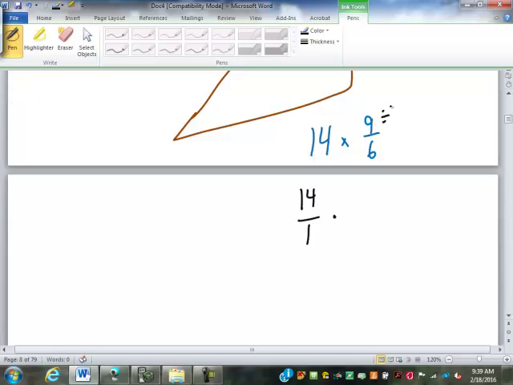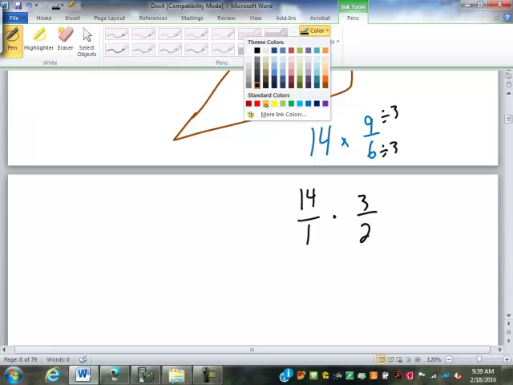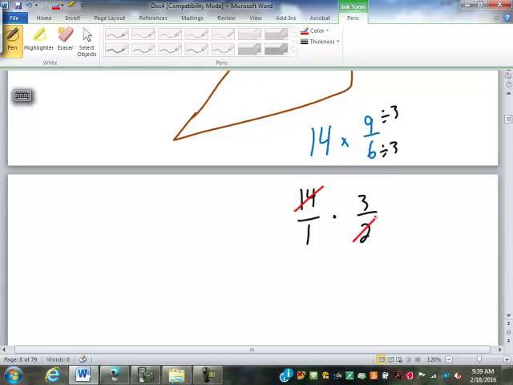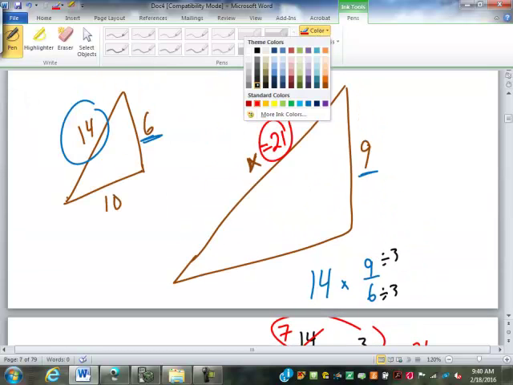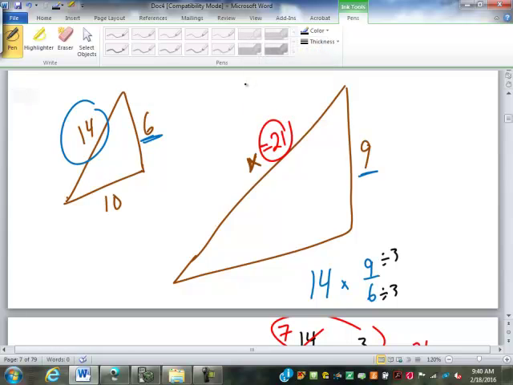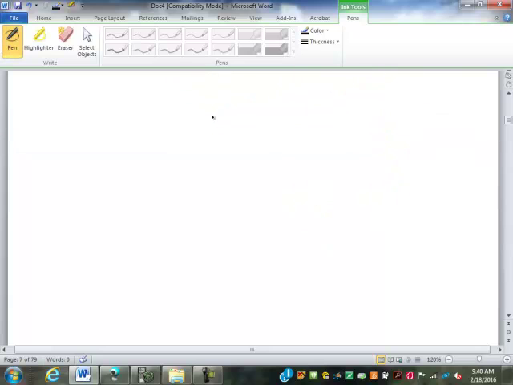I can reduce that by 3 to make it 3 over 2. 14 and 2 will cross cancel, giving me 1 and 7. So 7 times 3 is 21, 1 times 1 is 1. So that's going to be 21. Make sense? Okay.